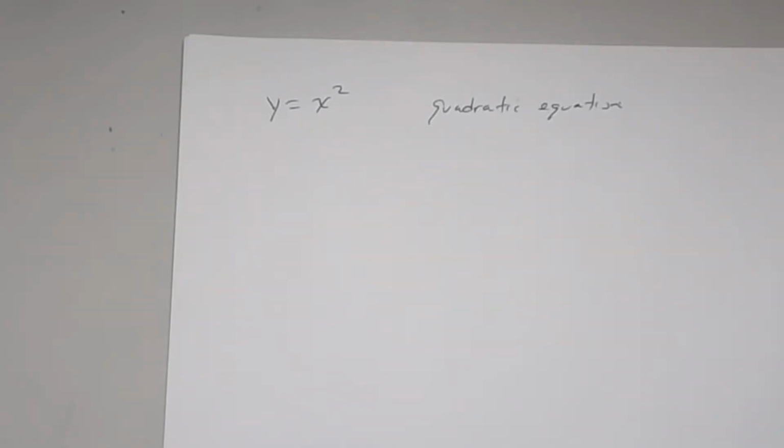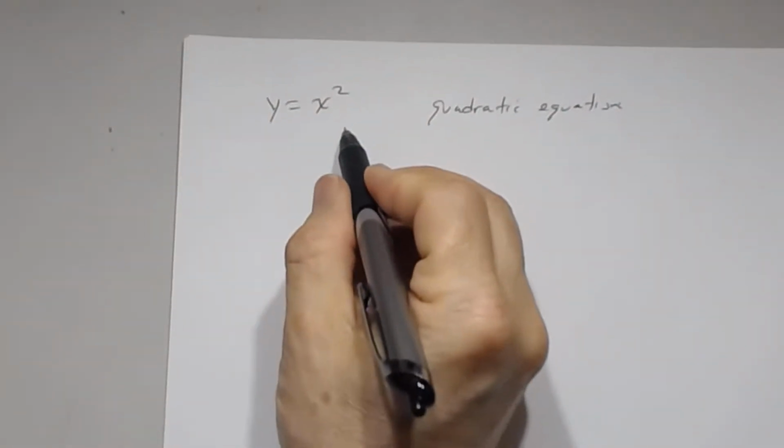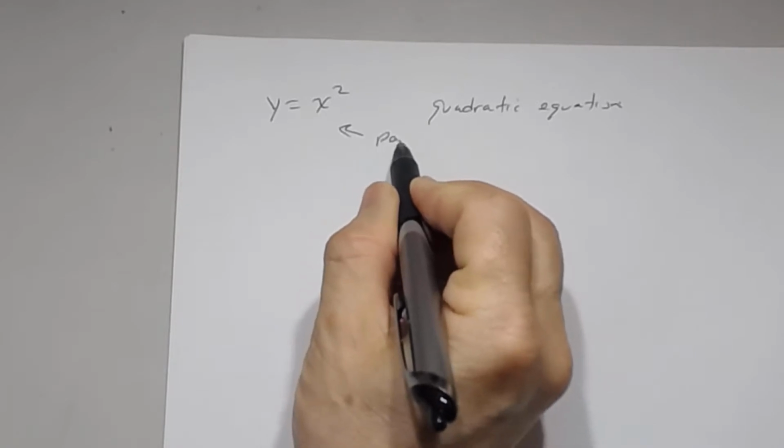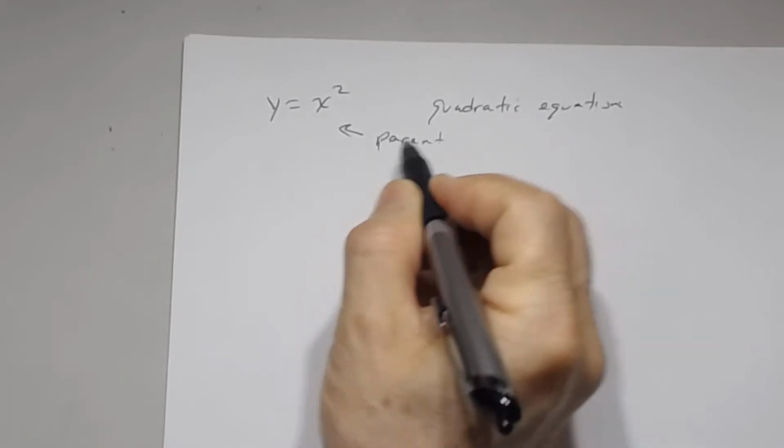And then we're going to talk about some terminology that we're going to use to help us graph variations of this. Keep in mind, though, that y equals x squared is a quadratic function, a quadratic equation, but we're also going to refer to it as the parent function.